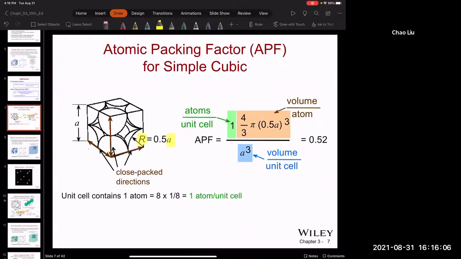So how the radius of the atom and the lattice length are related depends on the crystal structure. And here is how we count the total number of atoms, just like I told you before. How do you count that? You have to find out in each corner how much of the atom actually occupies each one of the corners and how many of them there are.